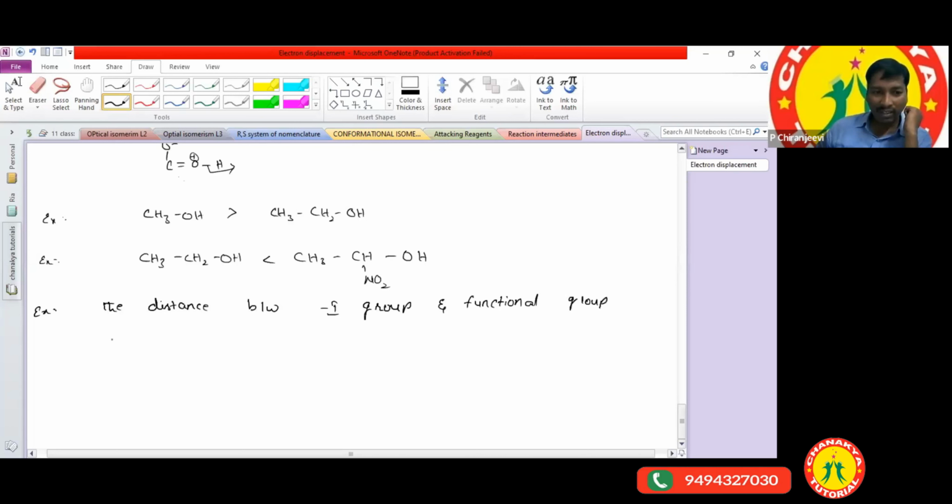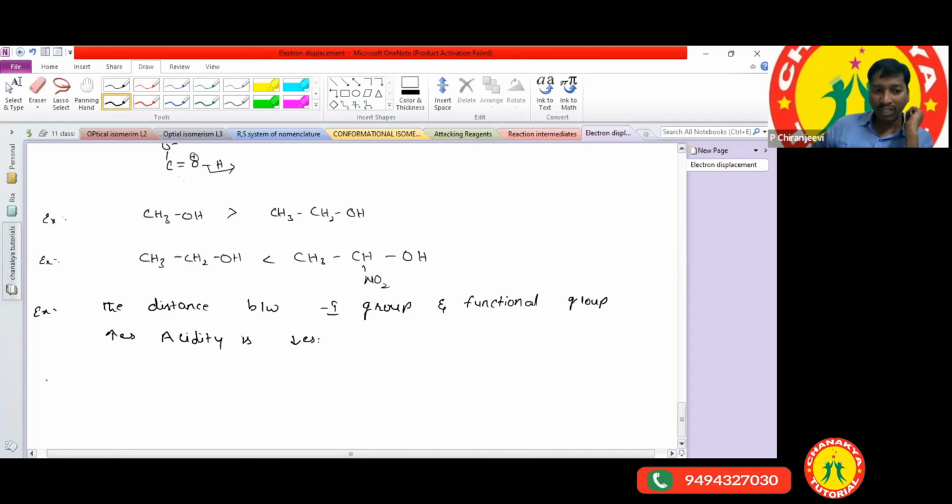If the distance increases, acidity decreases. So now you got the concept. What I'm telling is that if the distance between the minus I group and the functional group increases, acidity is going to decrease. So now you got the clarity here.